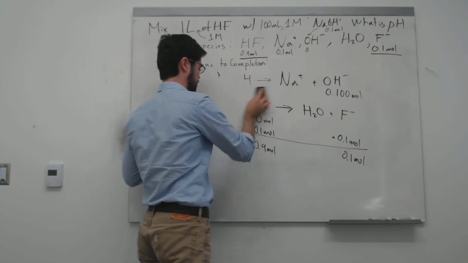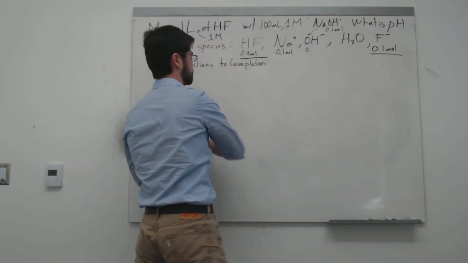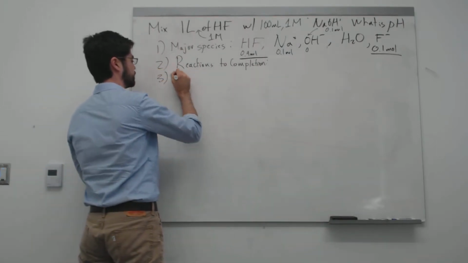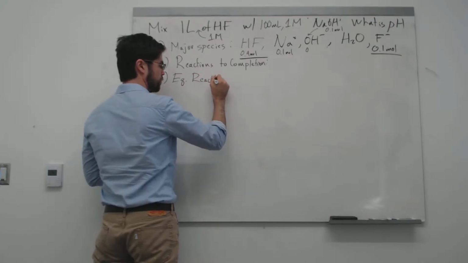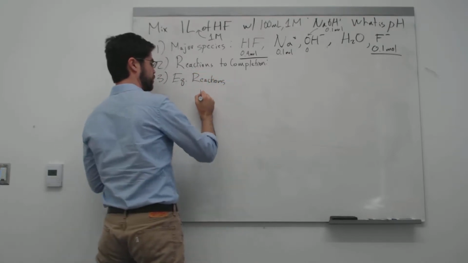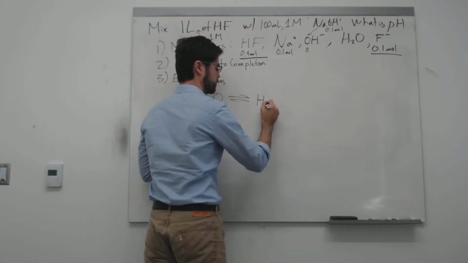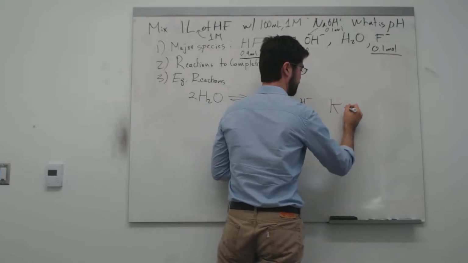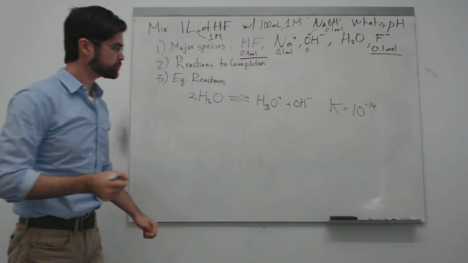The next step is to think, okay, what are the equilibrium reactions that could occur? Well, there's the autoprotolysis of water, that's always going on. And the K for that is 10 to the negative 14.